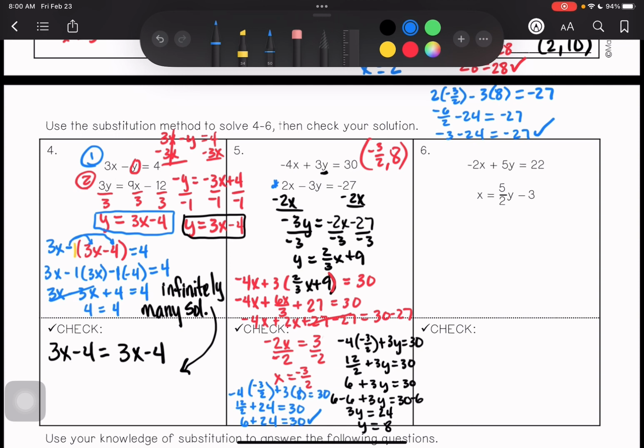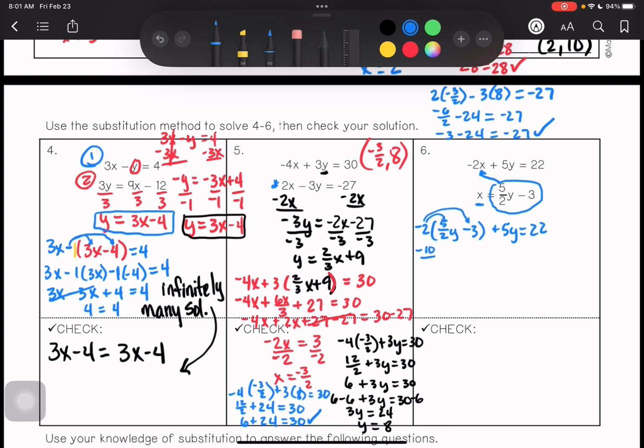Okay. Number 6. Number 6, we already have the variable x, so I'm going to substitute this equation where x is, this entire thing. So negative 2 times where x is, which is 5/2 y minus 3, plus 5y equals 22. We're going to distribute this negative 2 to both terms.